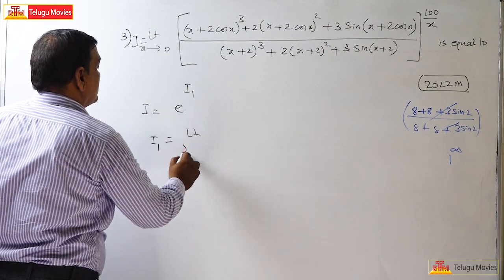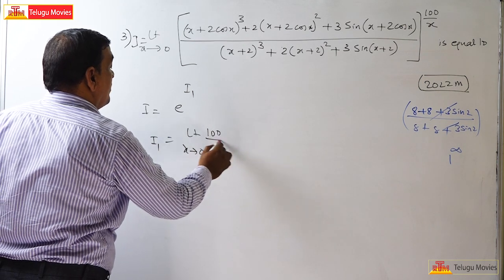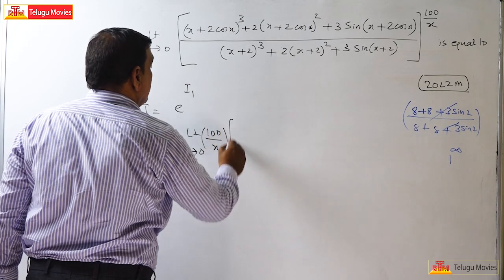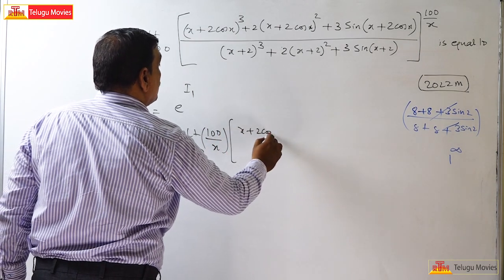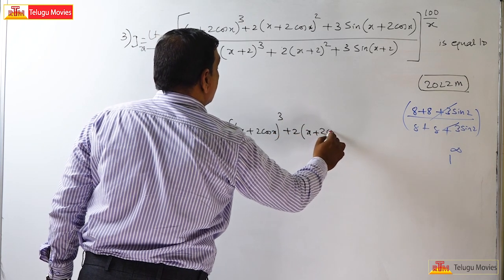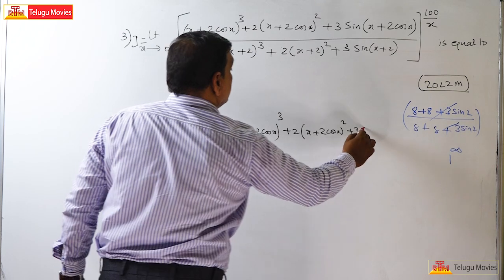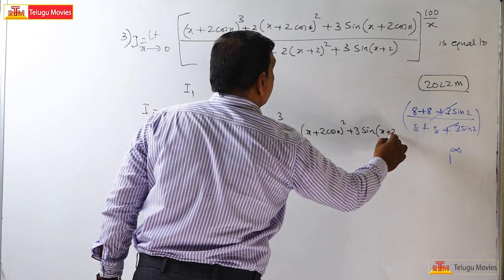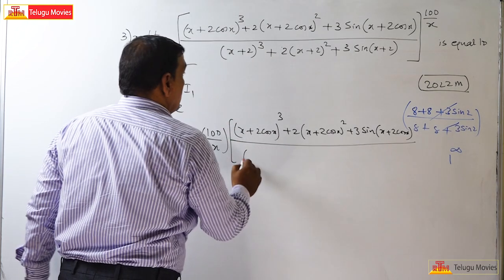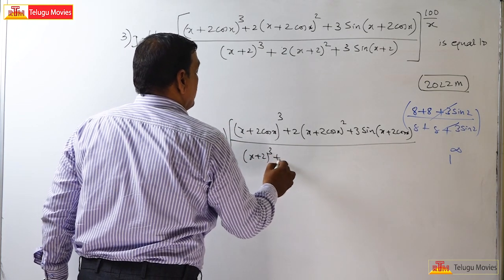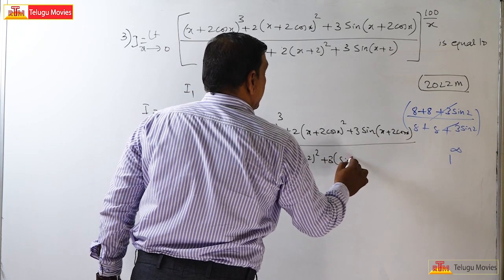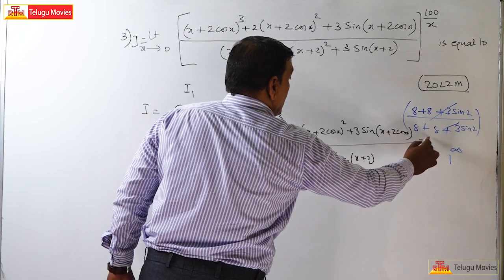Limit x tends to 0, 100 by x times the whole fraction: (x plus 2 cos x) whole cube plus 2 times (x plus 2 cos x) whole square plus 3 times sin of (x plus 2 cos x), divided by (x plus 2) whole cube plus 2 times (x plus 2) whole square plus 3 times sin of (x plus 2), minus 1.